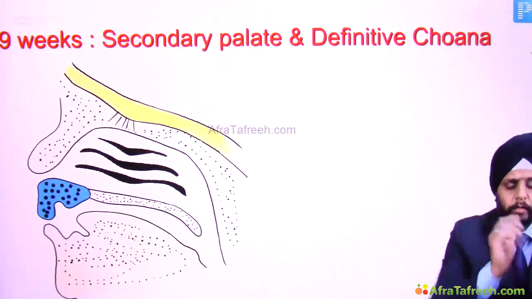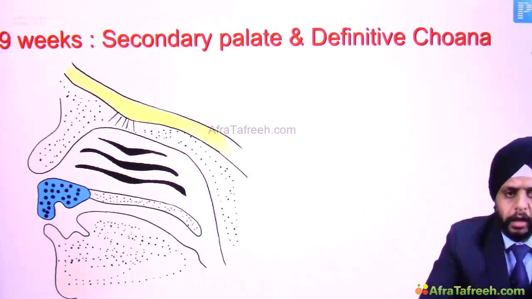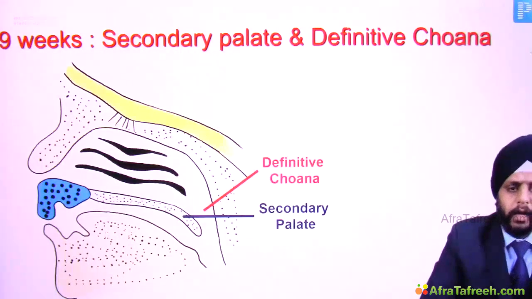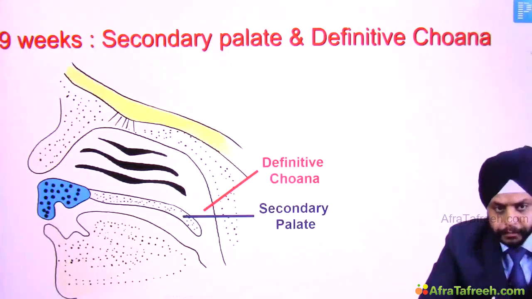So the secondary palate is formed from the maxillary processes. They come and meet together, and you can see over here we have formation of this secondary palate by 9 weeks, and that leads to also the formation of definitive choana.